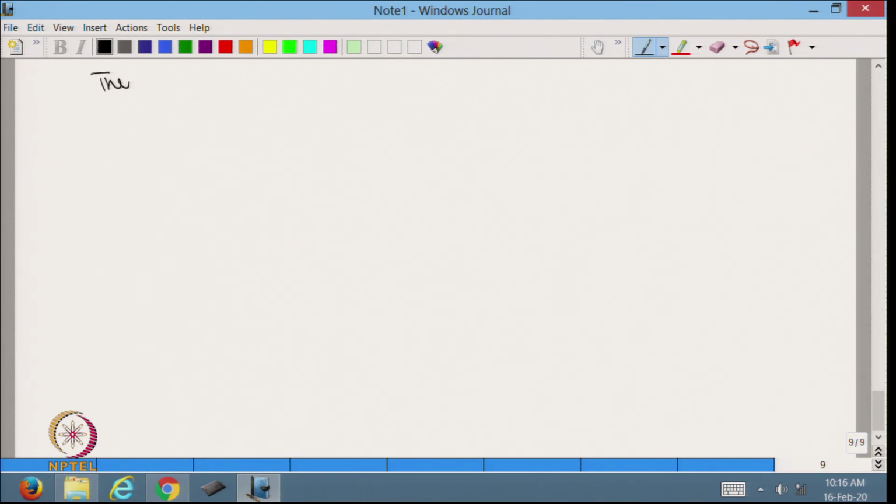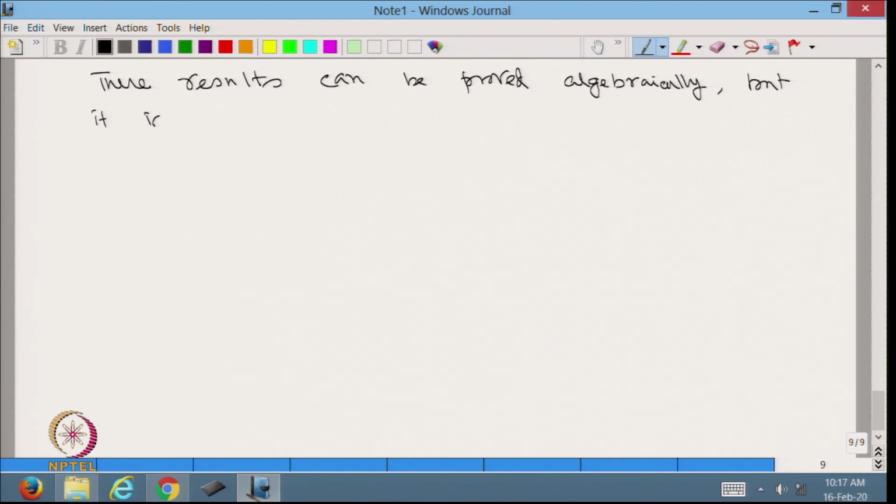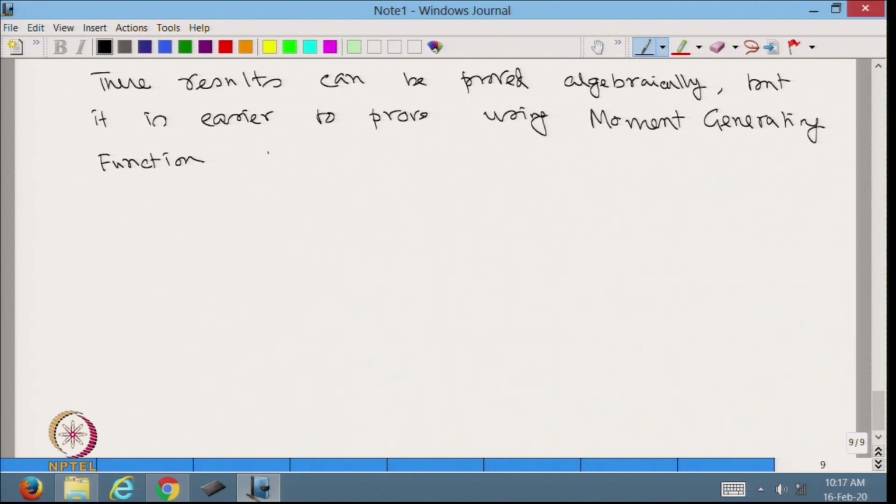These results can be proved algebraically, but it will be easier to prove using moment generating function, which we shall do later.